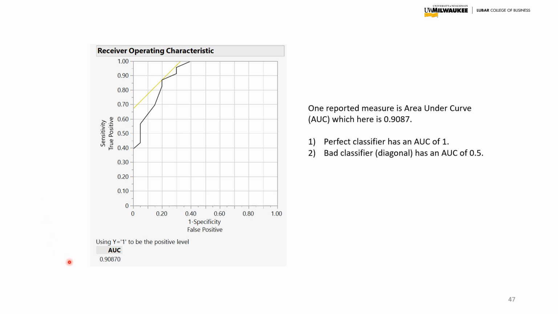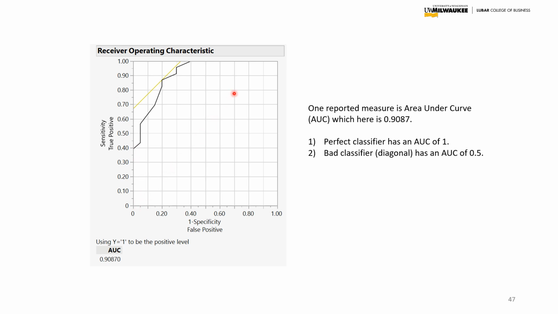JMP reports something called an AUC, which stands for area under curve, and the value is 0.9087. How do we interpret AUC? Well, we interpret it as bigger being better. Consider a 45-degree line. Consider the fact that this box is 1 by 1, so the total area of the box is 1.